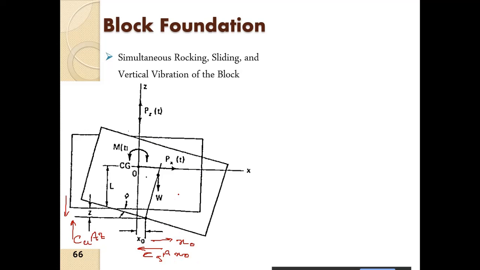Then, considering the moment, the CG is displaced from this position to this position, so we have to find out the total displacement. We can neglect this amount, so we will consider the CG to be here. If phi is very small, we can consider the CG to have moved here.